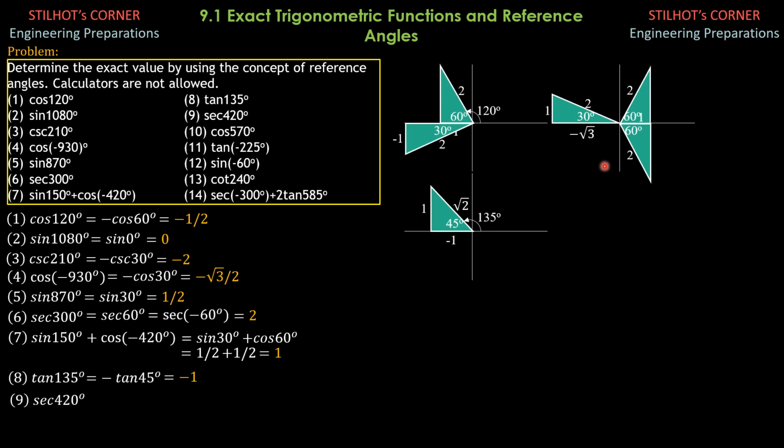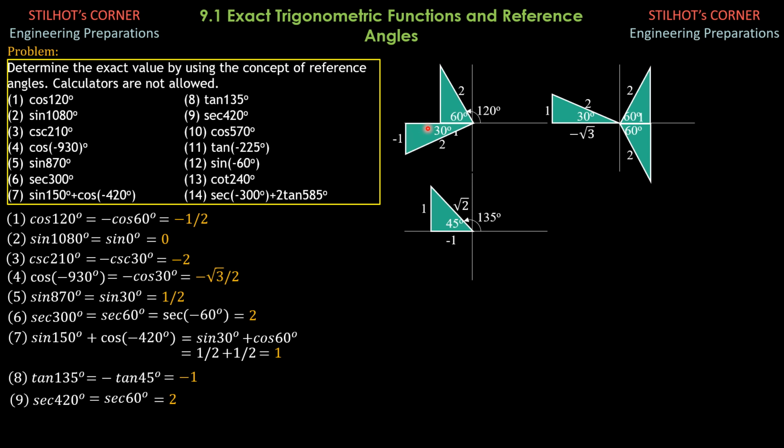Number 10, cosine of 570 degrees. That's 360 plus 90, 450 plus 90, 540. So we add more 30 degrees. So it's like this triangle here. We already have a guide. This is negative square root of 3 because it is in the second quadrant.